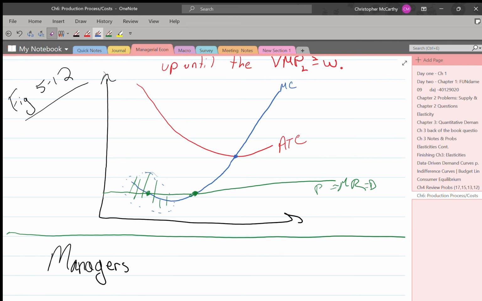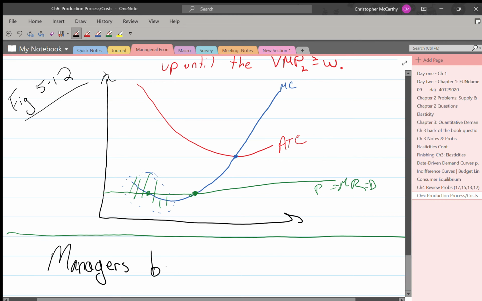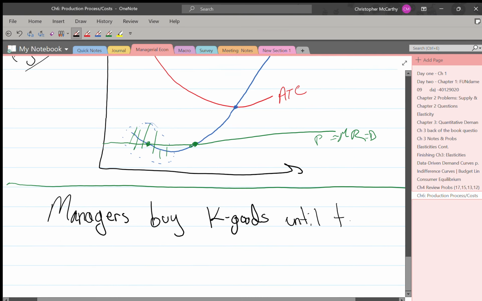Acquire or buy capital goods until the value of the marginal product of capital, which is, you got it, just the marginal product of capital times the price, is equal to what's called the rental rate.